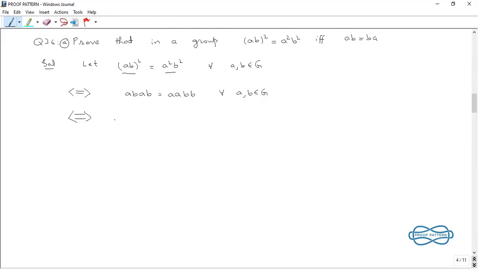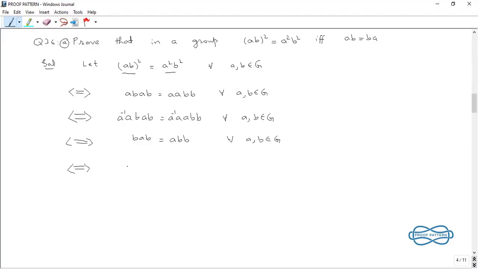Now, if we apply A inverse, or pre-multiplication with A inverse, we will get, for all A, B belongs to G, BAB is equal to ABB, and this is also if and only if. If and only if means we do not have to prove the converse part.